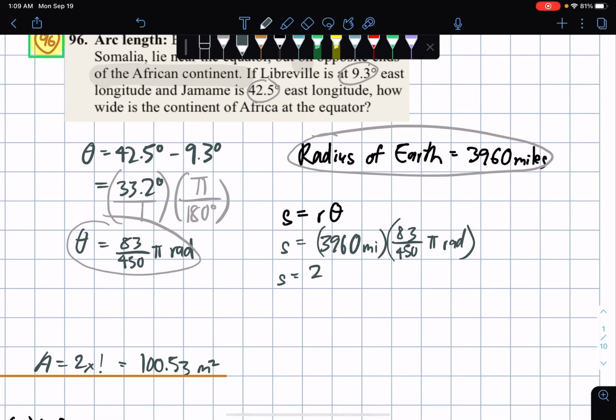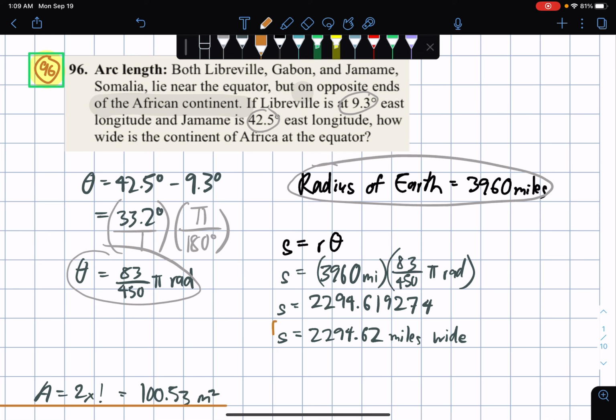We get 2,294.619274. We'll just round this off to two decimal places: 2294.62 miles wide.